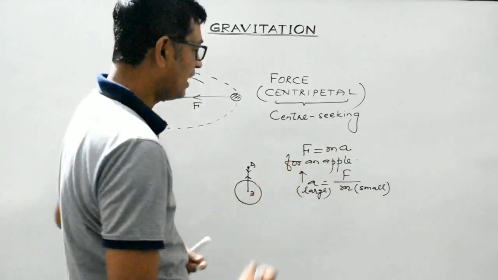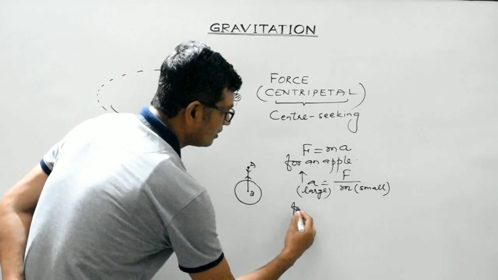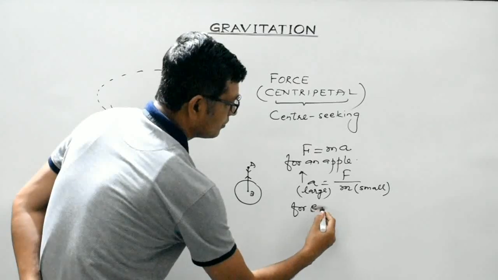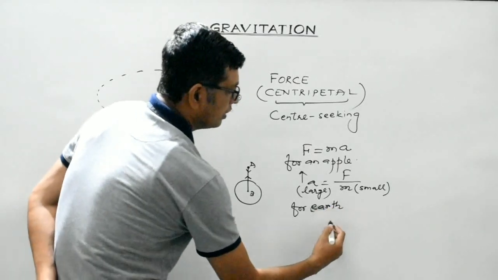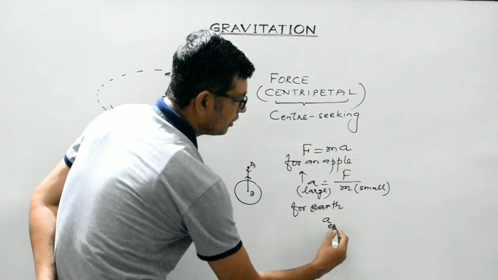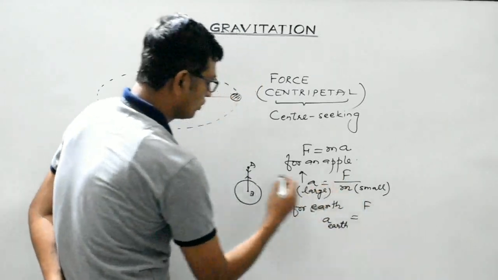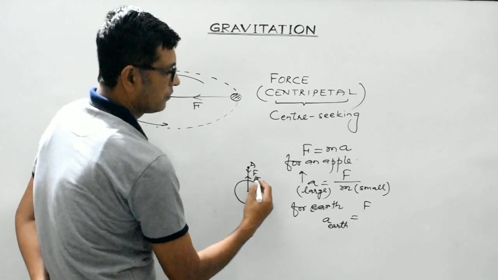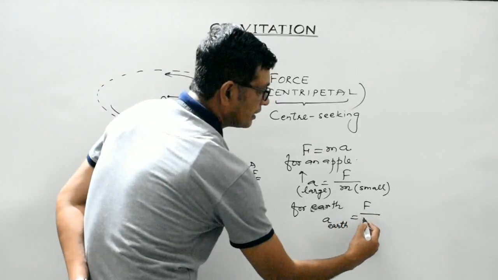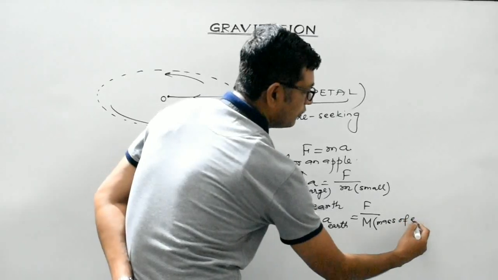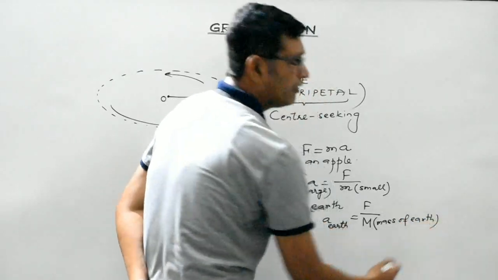But students, on the other hand, in case of the Earth, the acceleration would be the same force exerted divided by this m. It is the mass of the Earth, which is huge, which is very, very large.